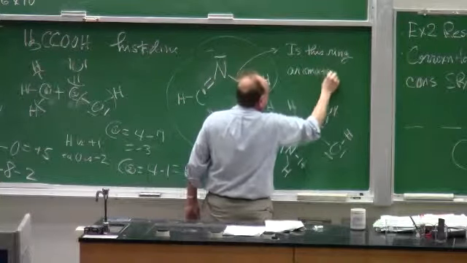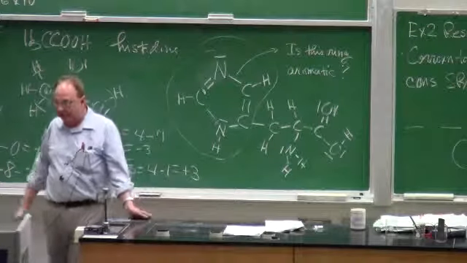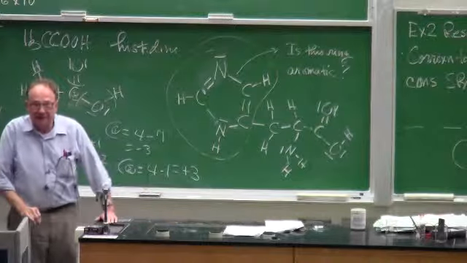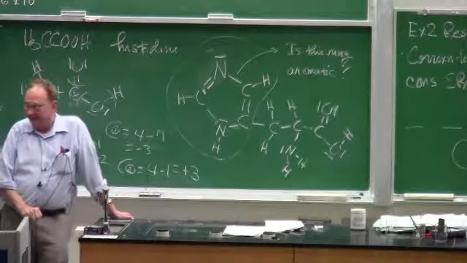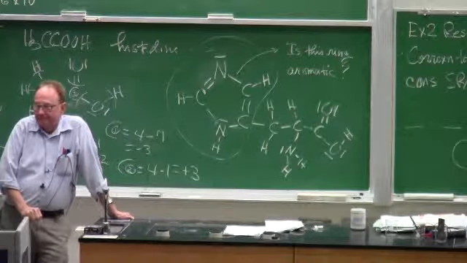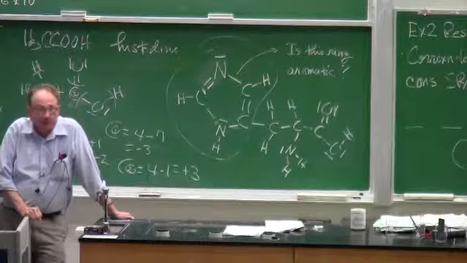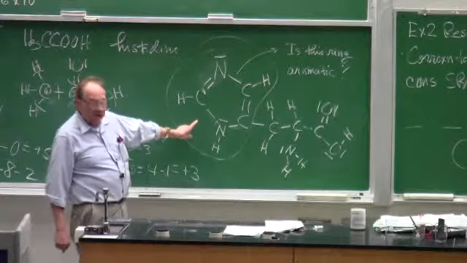Is this ring aromatic? What the hell does that mean? Doesn't mean does this ring stink. If you don't know what aromatic means, look it up. It's a relationship to resonance. You think this ring shows resonance?